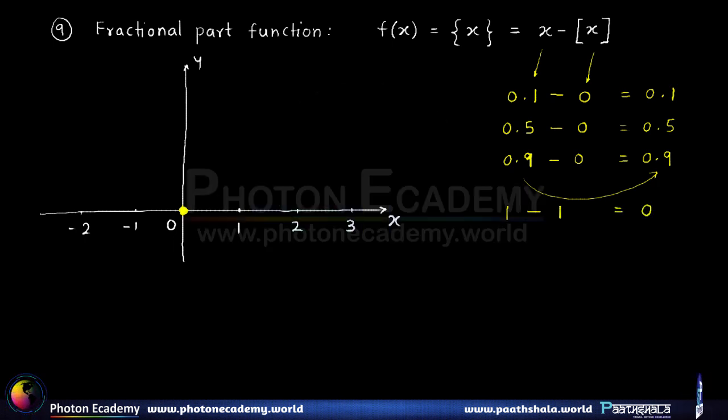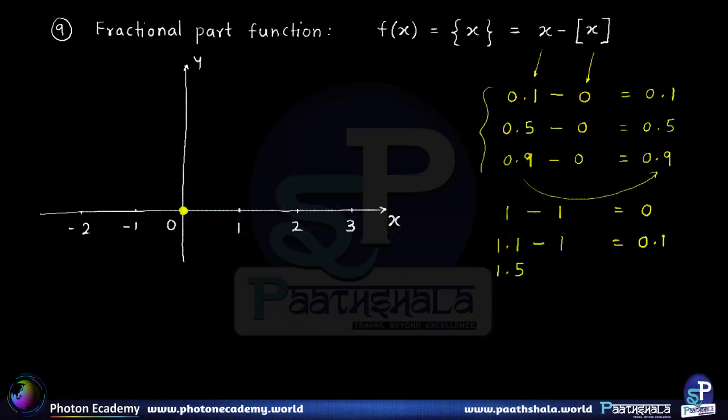From this point onwards, let's consider the next number, say 1.1. For 1.1 the greatest integer is once again 1, so that will pull it down to 0.1. Then if you consider 1.5, we are following the same pattern here. So for 1.5 we have 1.5 minus 1, which is equal to 0.5.